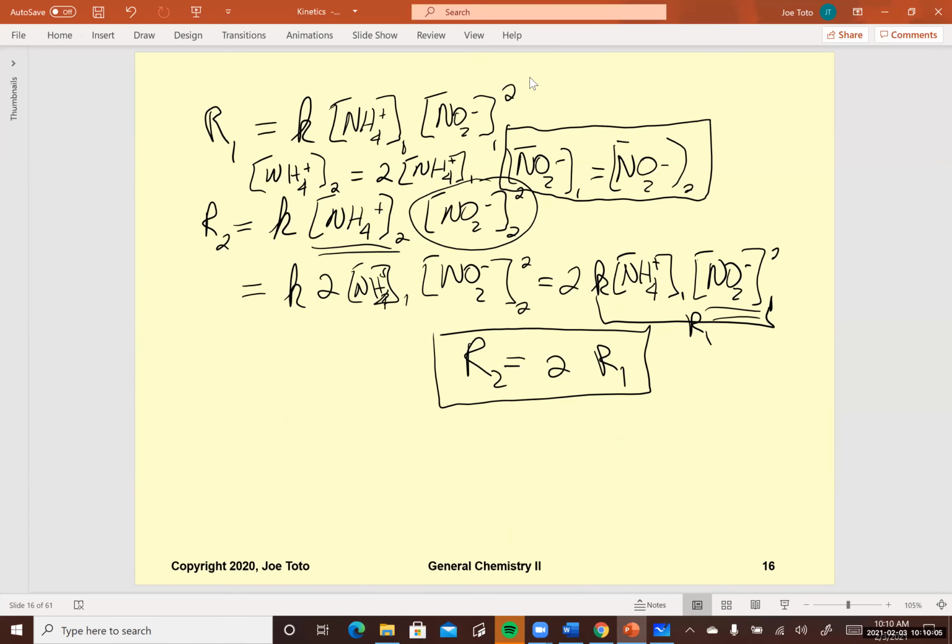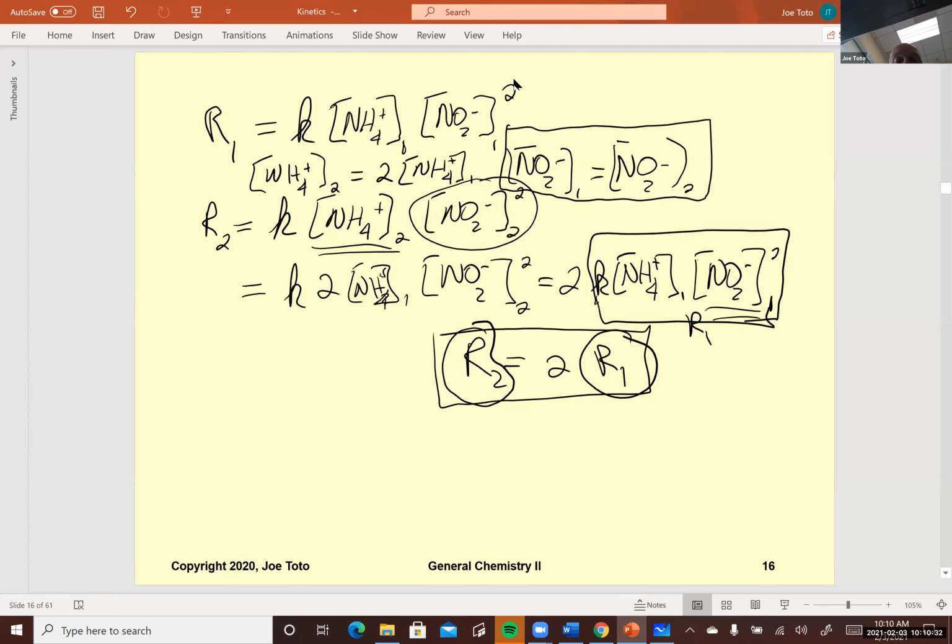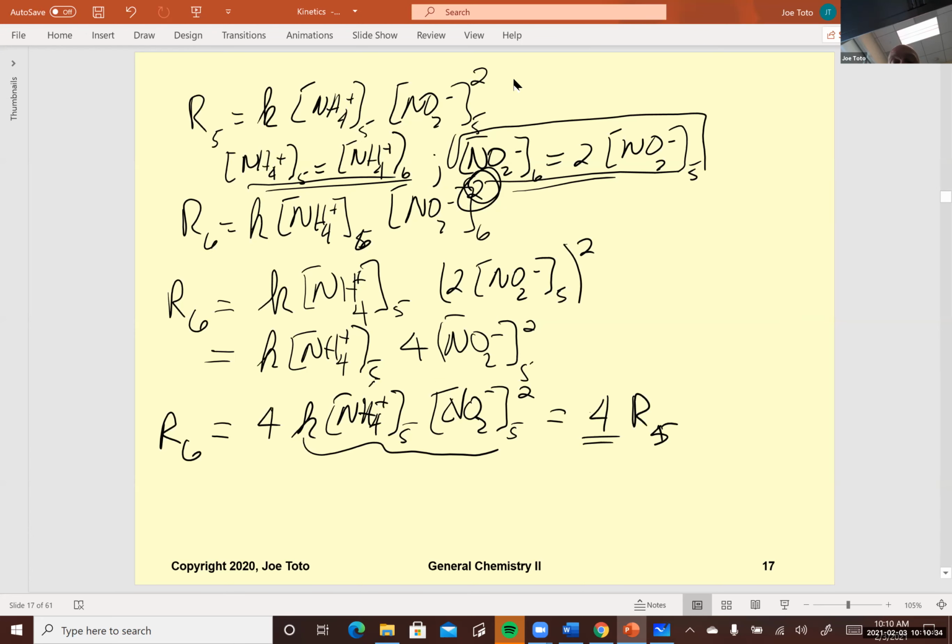Thanks for asking. I moved that out to the front, just like I moved the 2 out to the front over here, because I was trying to see how that rate 2 in this case related to rate 1. So I needed to identify this whole bit here with rate 1. The 2 was left over, and it was the same thing with this one.